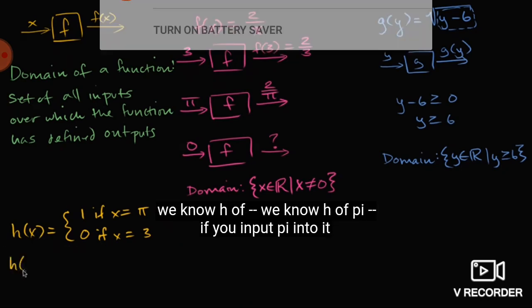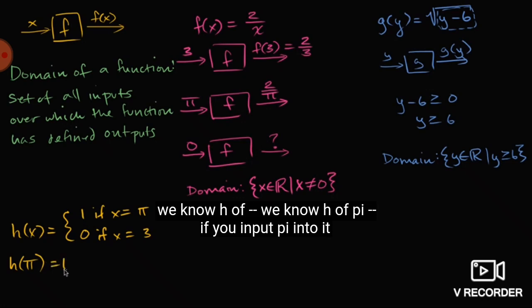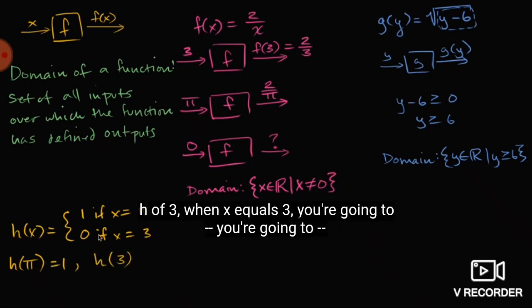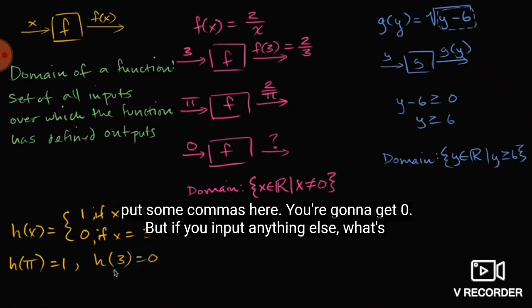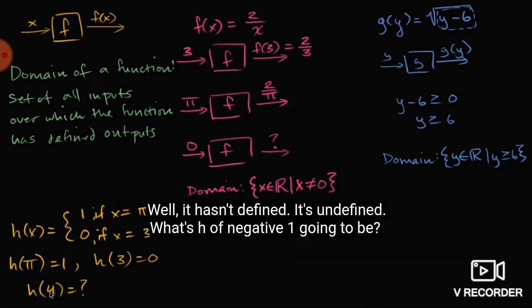We know h of pi. If you input pi into it, we know you're going to output 1. And we know that if you input 3 into it, h of 3, when x equals 3, you're going to get a 0. But if you input anything else, what's h of 4 going to be? Well, it hasn't defined it. It's undefined. What's h of -1 going to be?